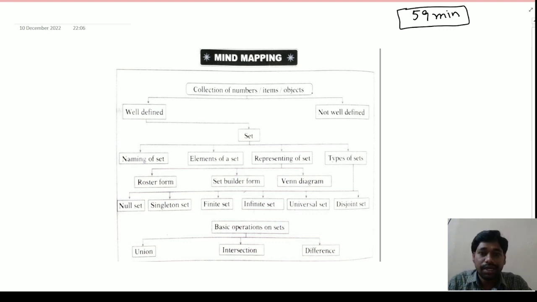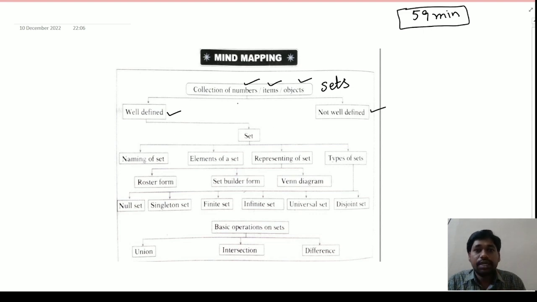The collection of items or numbers or objects is called a set. Sets are of two types: those which are well defined and those which are not well defined.